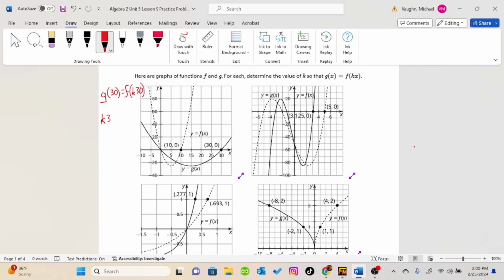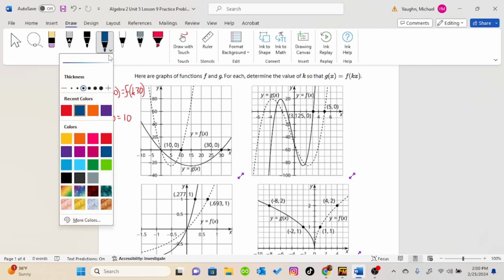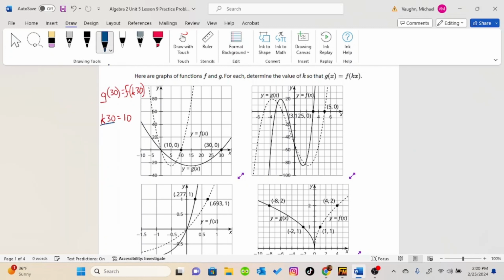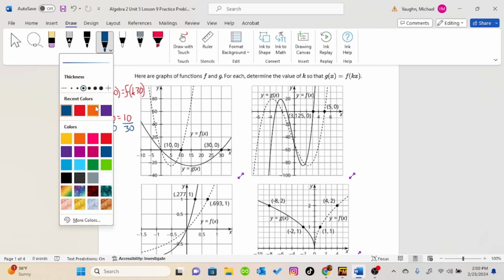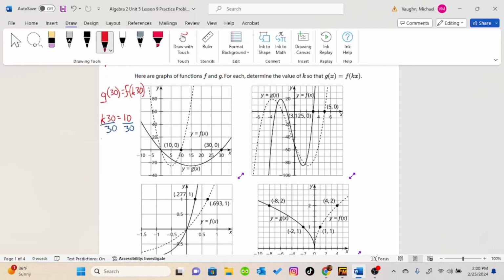So we have k times 30 equals 10. If we divide both sides by 30, we find our answer, which is that k equals 1/3.